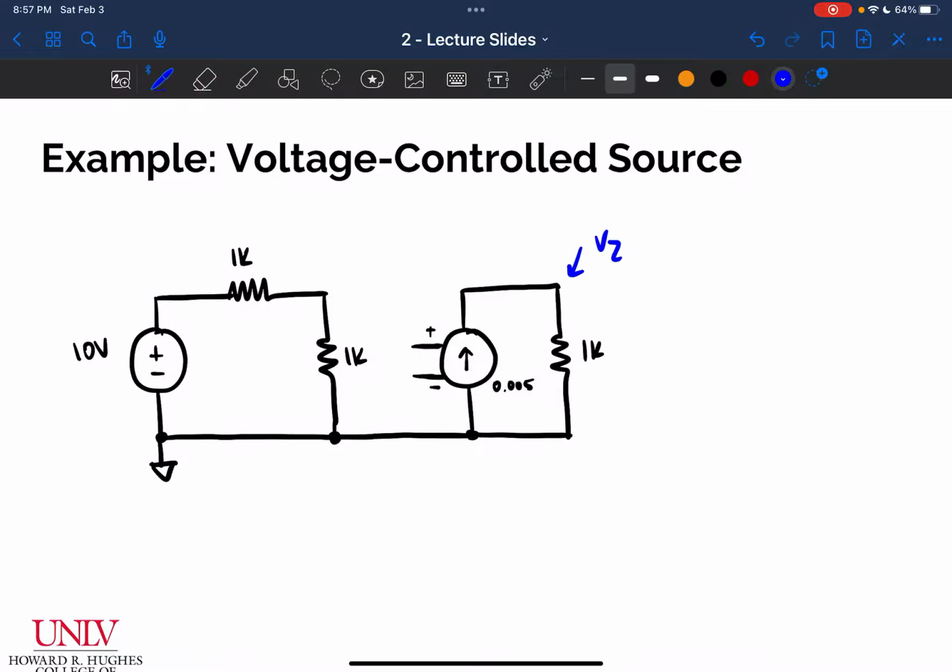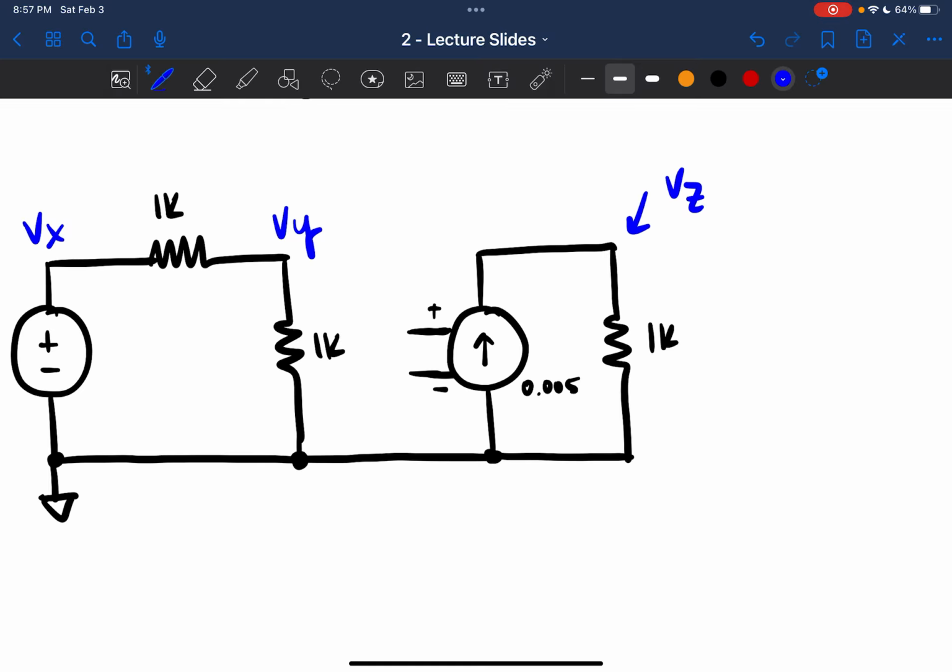Let's call it VZ, and I'm going to call this one VX, and I'm going to call this one VY. All right, and then I'm going to call my plus input VX and my minus input VY for my current controlled source.